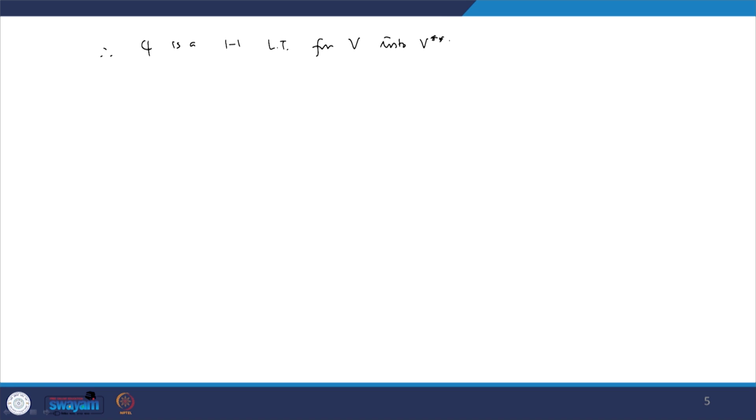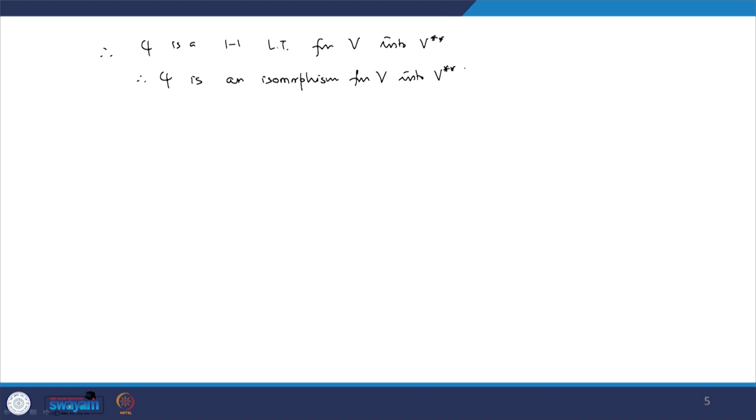Since already we have explained the dimension of V is finite and that is equal to the dimension of V double star, certainly if it is 1 1 it implies that it is also onto. So, psi is an isomorphism from V onto V double star.